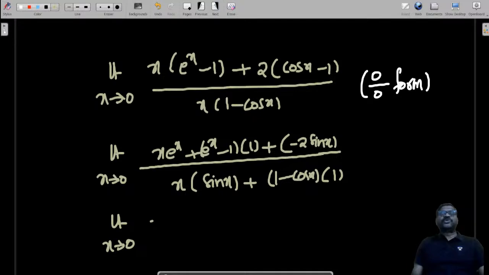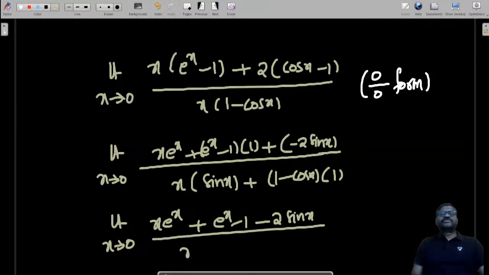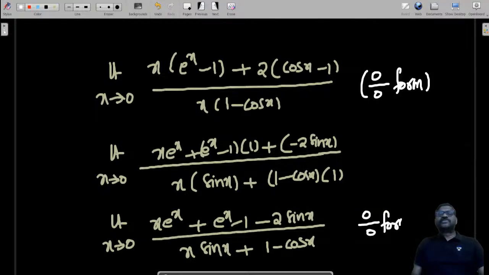Limit x tends to 0 of x into e power x plus e power x minus 1 minus 2 sin x by x sin x plus 1 minus cos x. When x is tending to 0, numerator is 0. Denominator is also 0. 0 by 0 form.